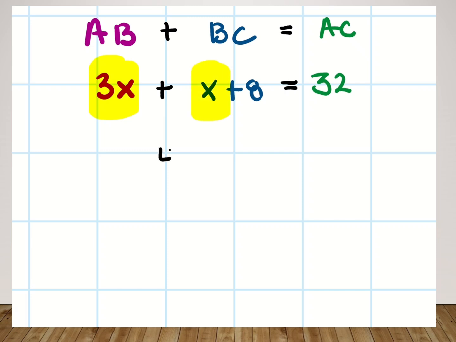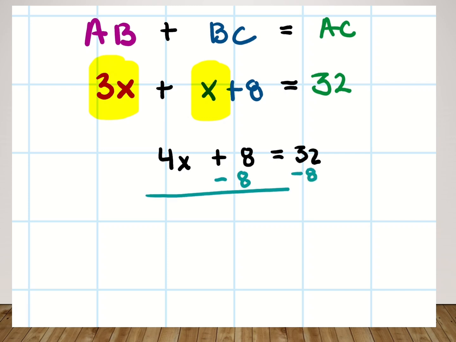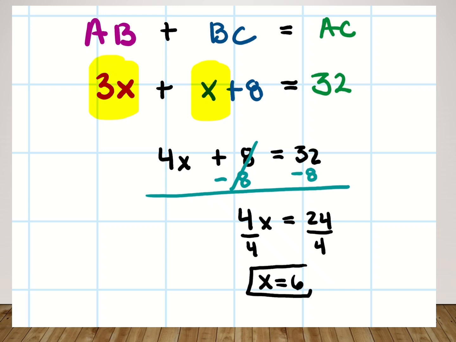Let's go ahead and combine like terms. We end up getting 4x, bring down the rest of the equation. Then from here, we're going to take inverse operations and solve for x. So we end up getting that x equals 6.